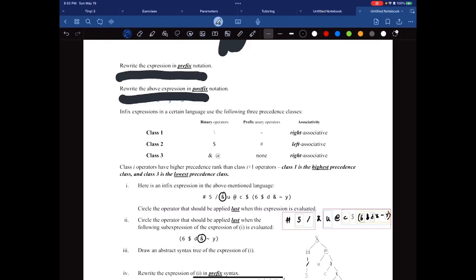Where class 1 operators would be put into a class 1 production, class 2 operators will be put into a class 2 production, class 3 operators will be put into a class 3 production, and so on. And then from there, you would just match the productions. So you would make another production called expression 3 that would match with class 3.